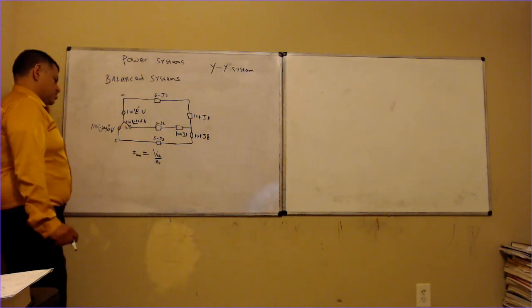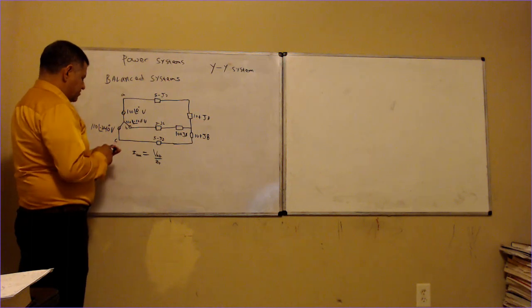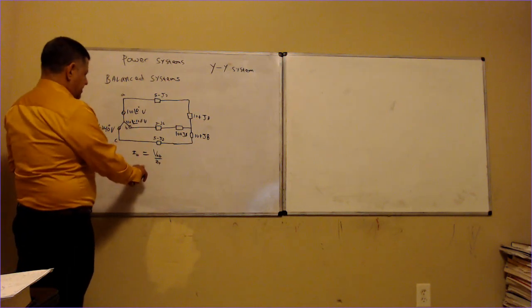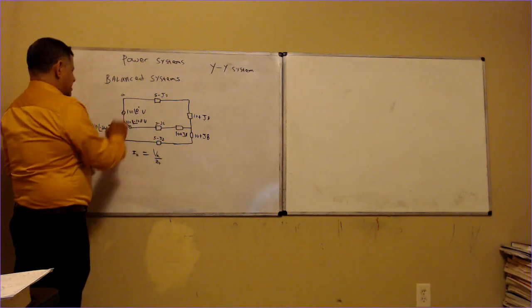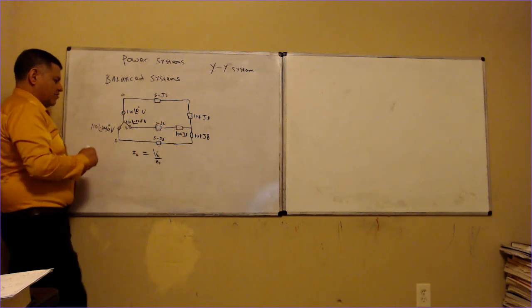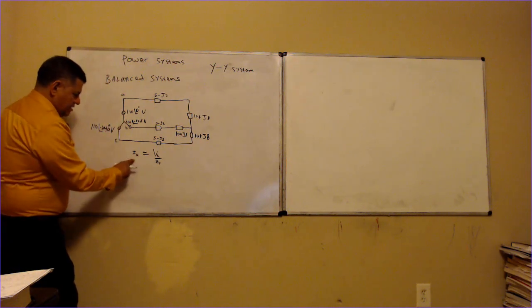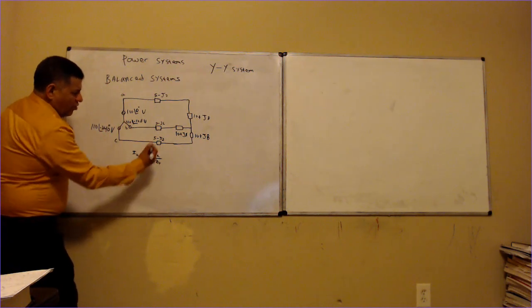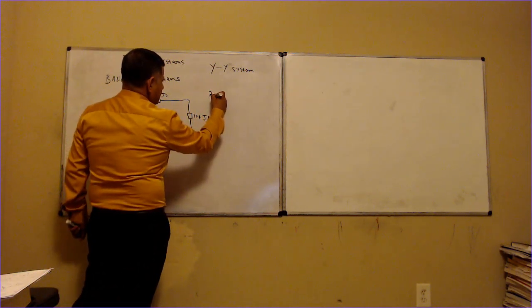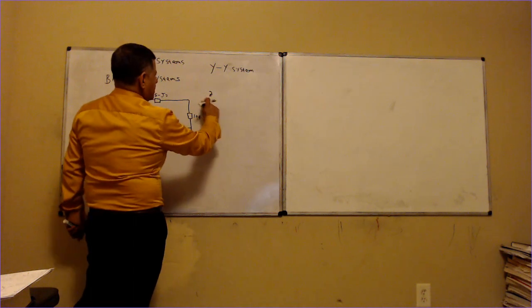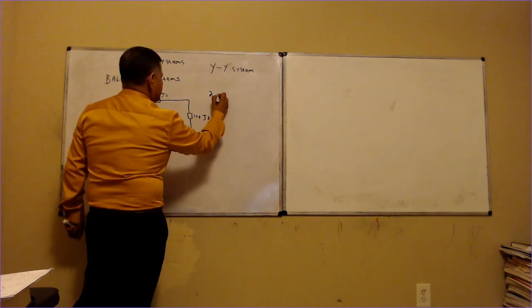Or you can call it just IA, and this voltage VA, whatever. But now we need to find ZY, right?